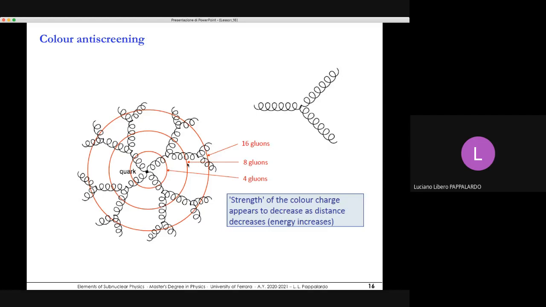As soon as you go more inside, only 8 gluons. If you go more inside, only 4, etc. So again, as soon as you get closer and closer to your quark, the color charge decreases, and asymptotically, the quarks are not interacting; they are completely free. This is the sense of the color anti-screening phenomenon.